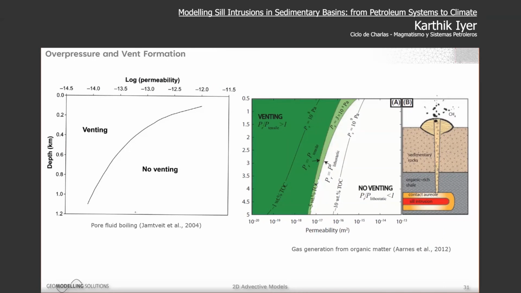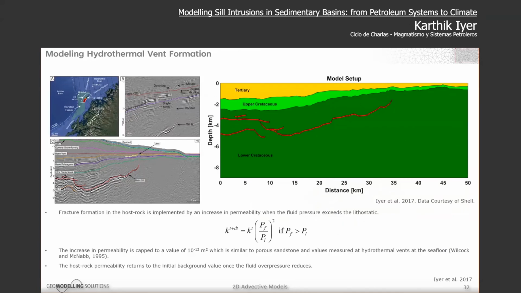And then all this gas has to go somewhere and increases the fluid pressure, fractures the rock, and could generate its own permeability. So in order to do that, we implemented a simple fracture criteria where we increase the permeability if the fluid pressure was greater than the lithostatic.